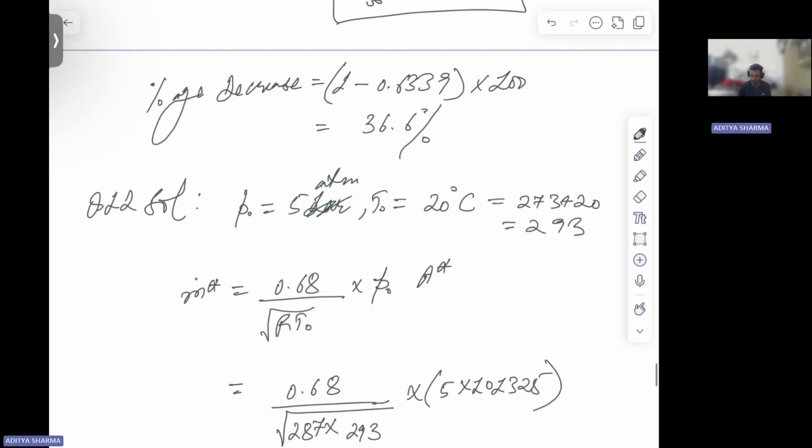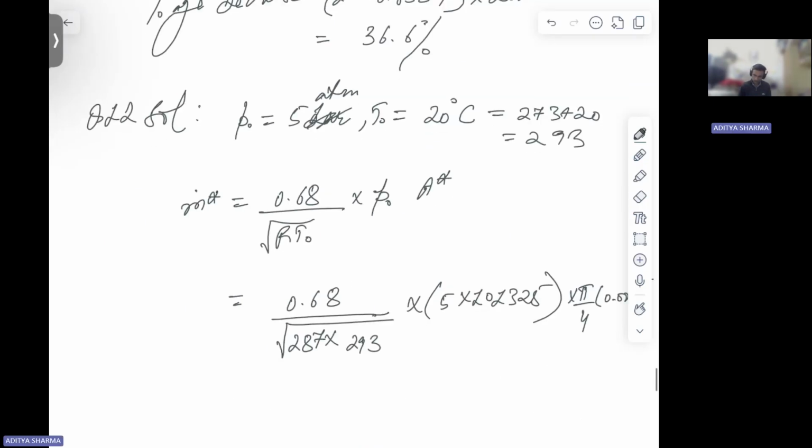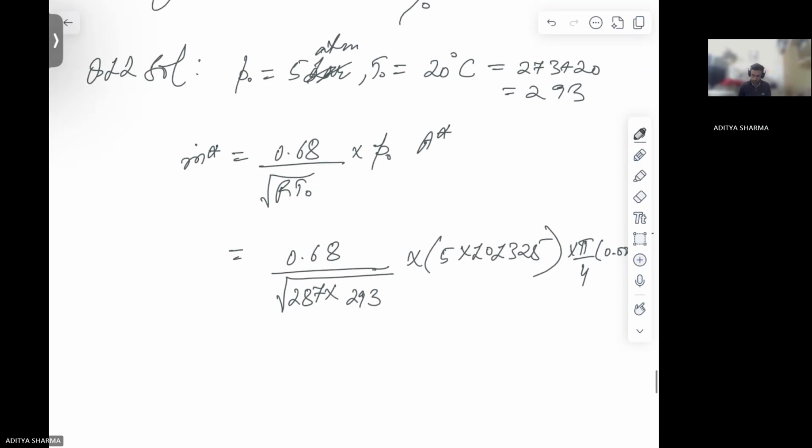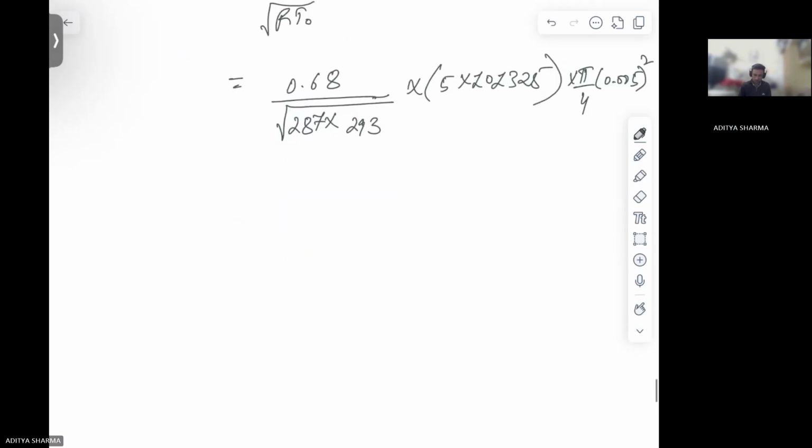Then area is area of circle, pi d square by 4.